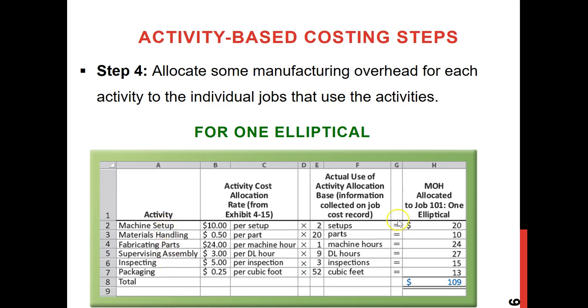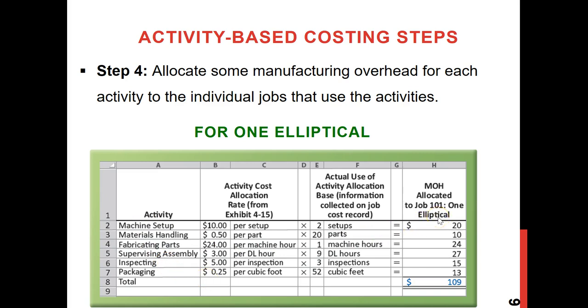For every activity we figure out their specific overhead rates, and then we multiply by those actual amounts of allocation base, and this is how we figure out how much it costs for every activity to produce one elliptical.